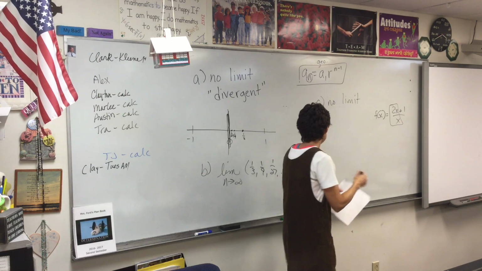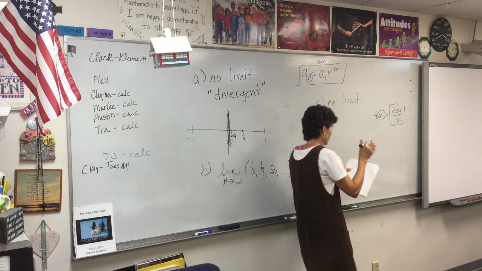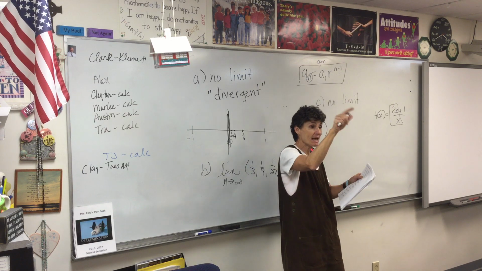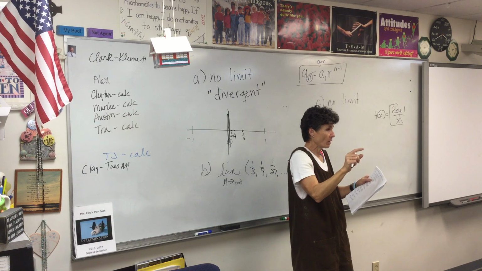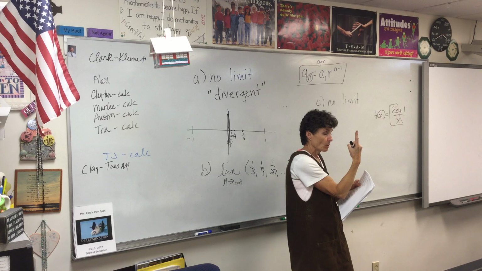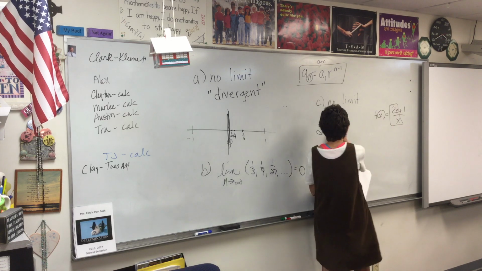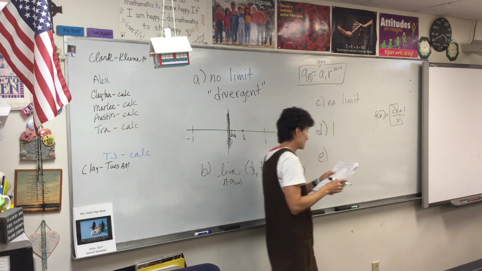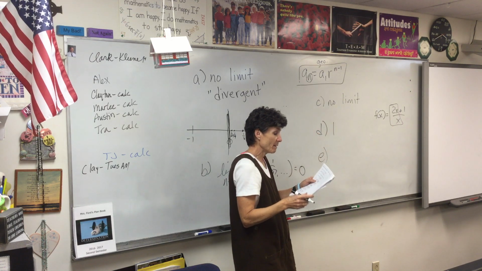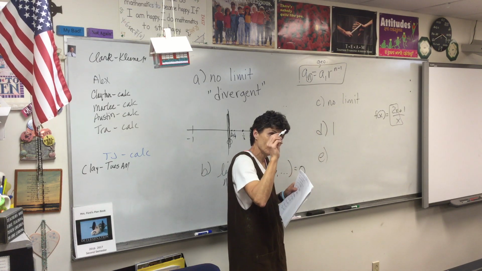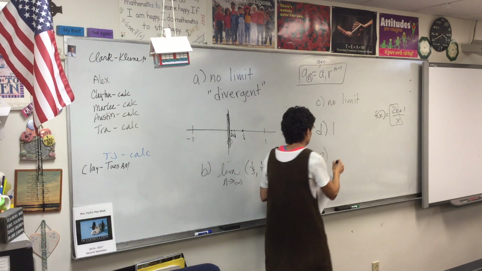So what's the limit for D? Look what you have. You have an n over n plus 1. What's the limit? 1, because it's n over n. So the limit is 1 for D. Now what about for E? What's the limit? 2/3.